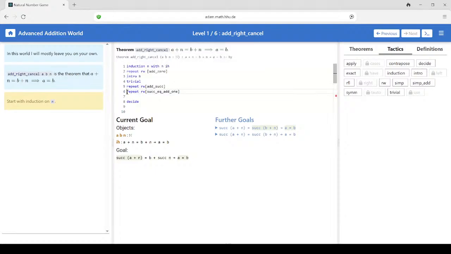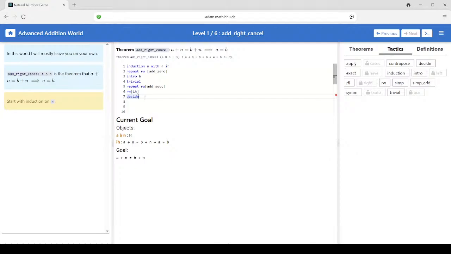We were here, and then I did this to it, and then the decide decided that we should go back. What if I get rid of this? It gets rid of all the B's, and then it decides. So I guess that was an unnecessary step, which is good to know, but I still don't know what decide did.